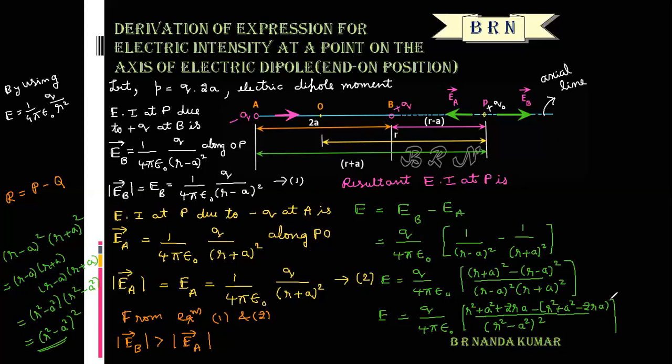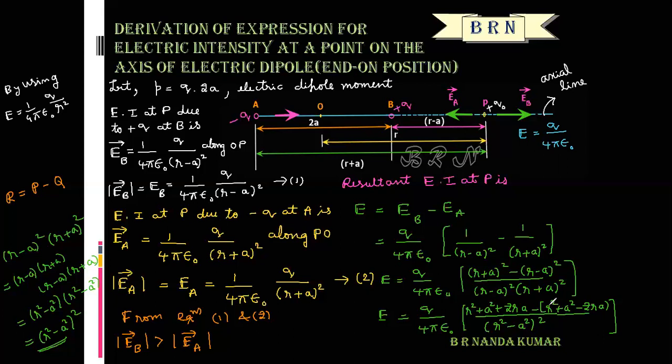Okay, so after that, E is equal to Q divided by 4 pi epsilon naught. So actually here r square cancels, a square cancels. So minus is taken inside. What happens? Minus r square minus a square plus 2ra.